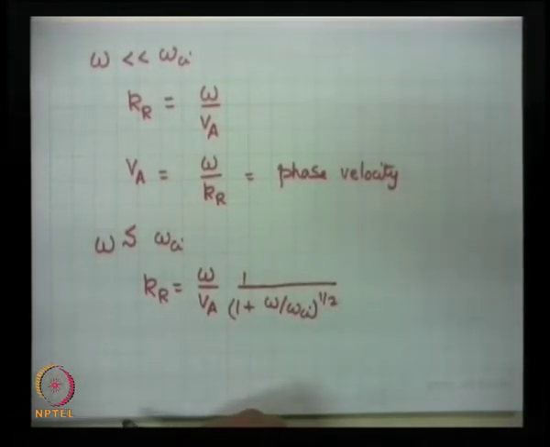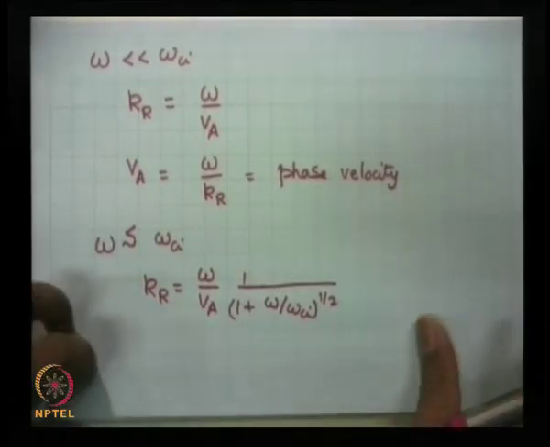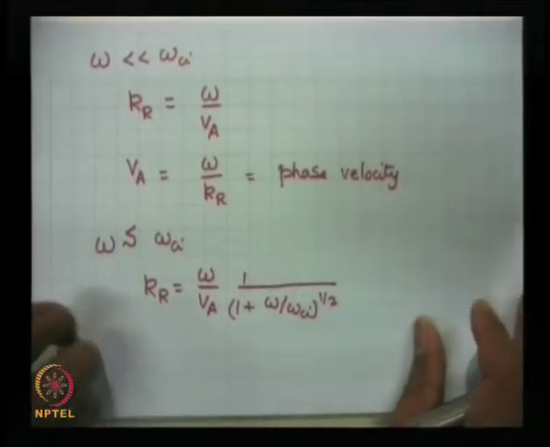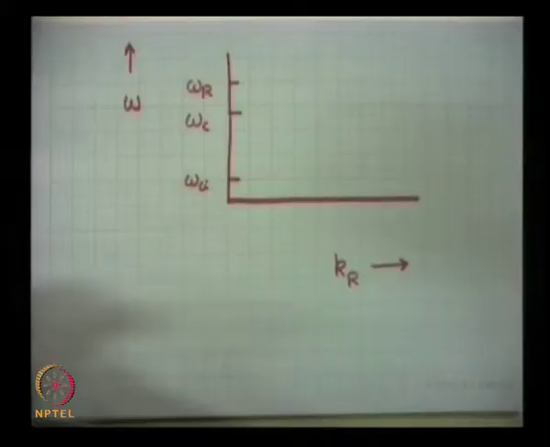So, we have learnt different characteristics of the electromagnetic wave in various frequency domains. Let me plot a graph of frequency versus k. I will plot omega here and k for the right circularly polarized wave here.